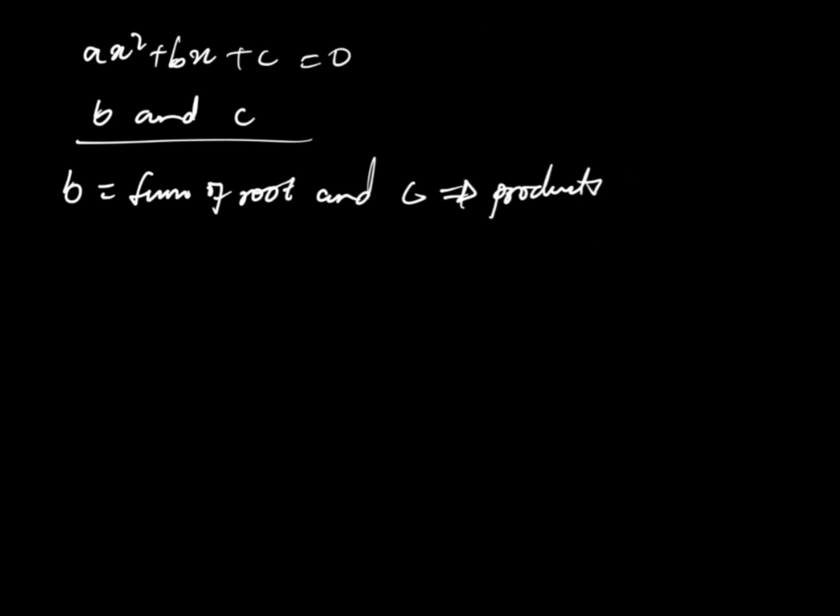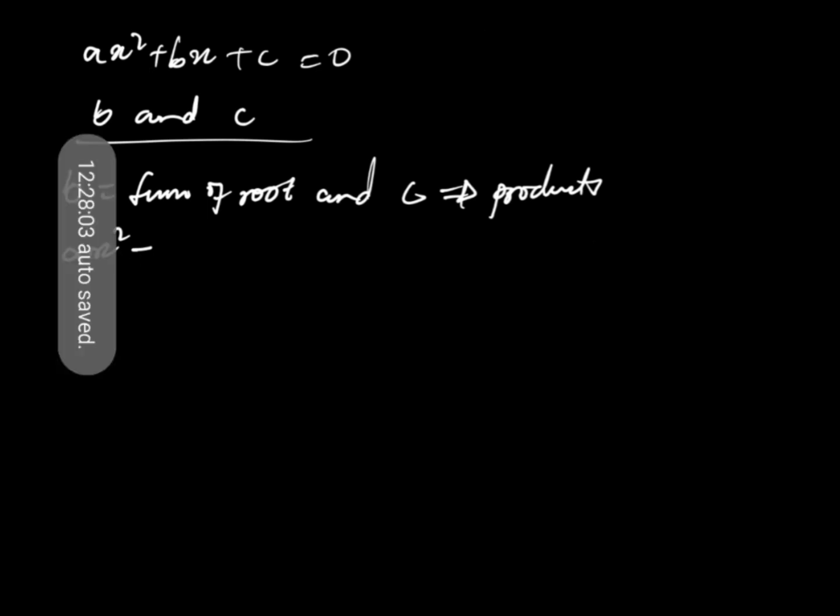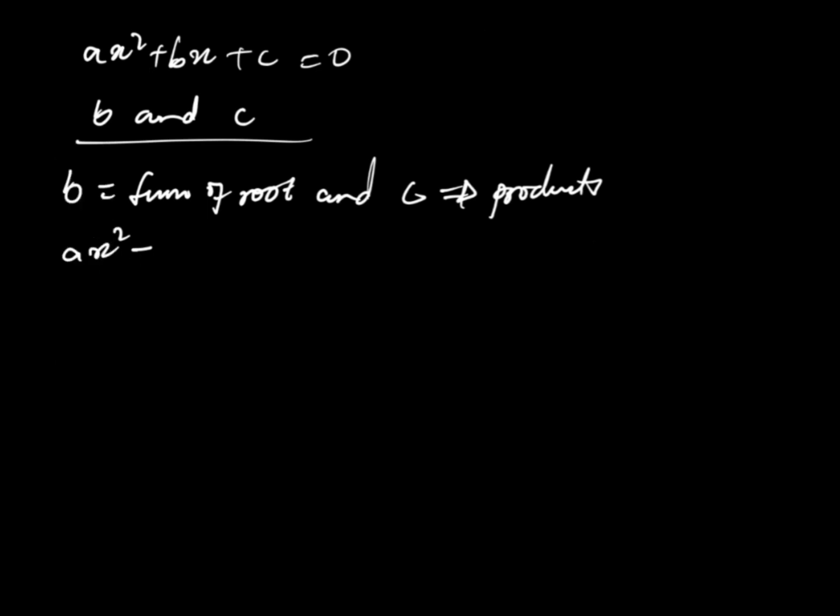If you write it in terms of this, I'm going to have ax squared minus, because this one is initially negative, but when you insert something there, that's fine. When we are expressing it in terms of sum of roots and product of roots, this one is negative.